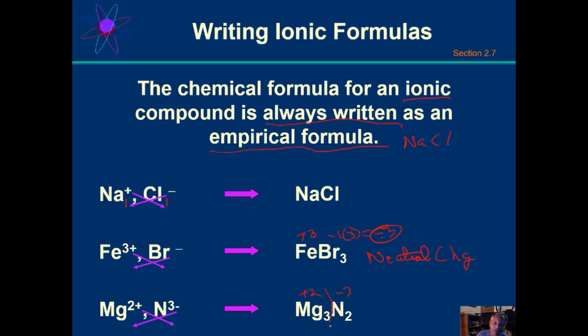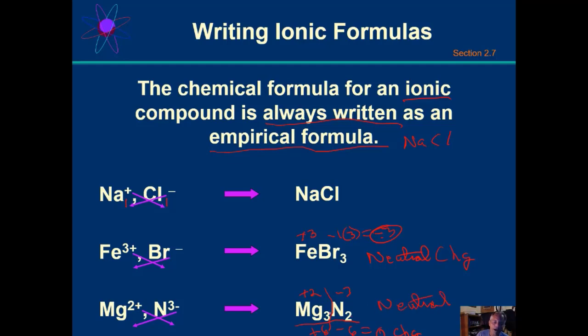If I split these up just to check the charges, I have 2 times a minus 3, which is a total of negative 6. I have 3 times a plus 2, which is a total of plus 6. The plus 6 plus the minus 6 equals 0 charge, and all compounds are neutral.